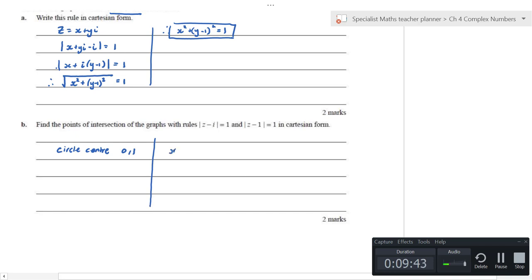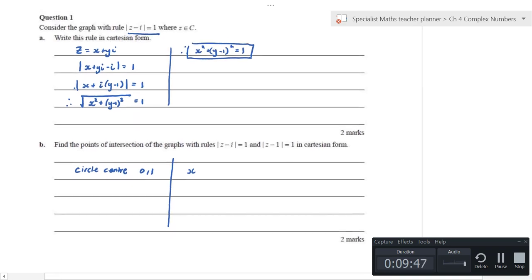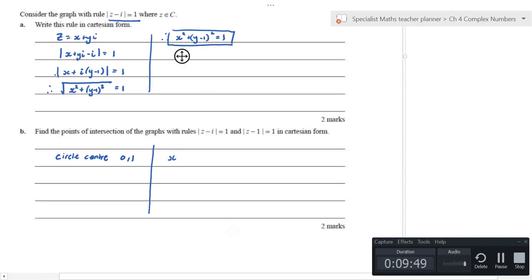So once again, we've got x plus yi minus 1 is equal to 1.